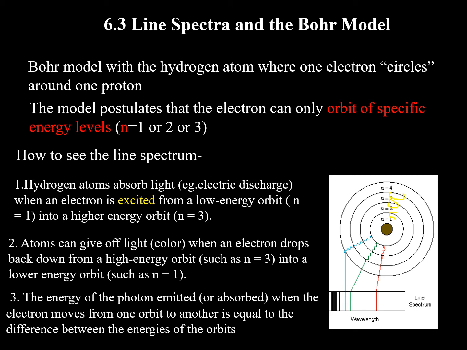If the electron is sitting here on the first level, it can absorb light and get excited to another level. It will absorb energy if it goes from a lower level to a higher level. And when it relaxes and comes back down to the ground state, when n equals 1, it will give off and emit energy.